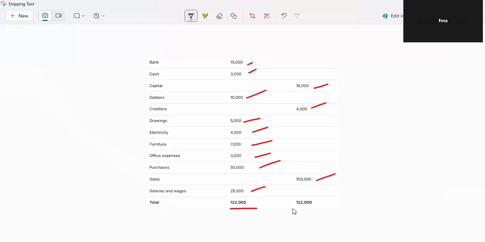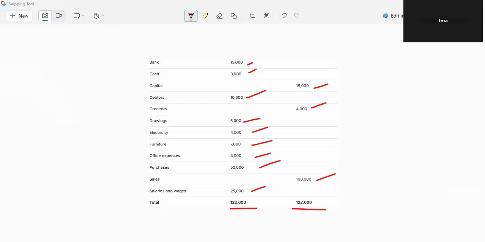Are they balancing up? Yes, they are. So please on the drawings, that's where you had missed it, right? Don't forget that drawings are always debited.